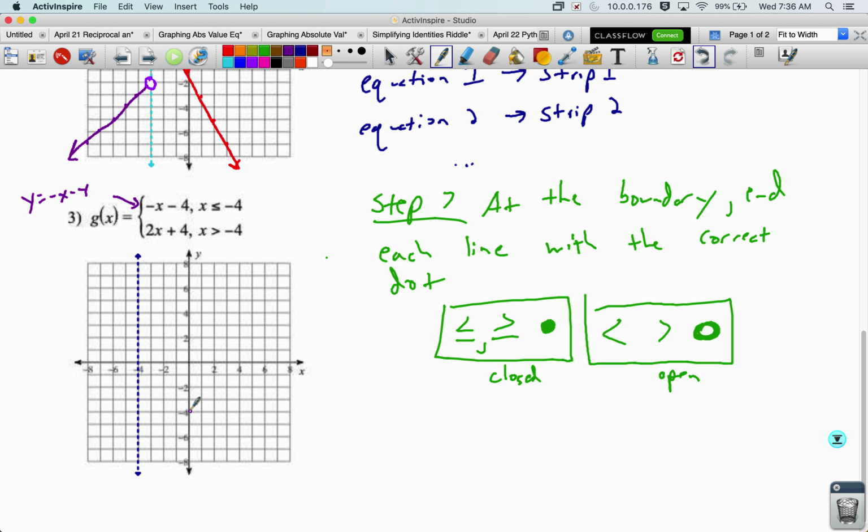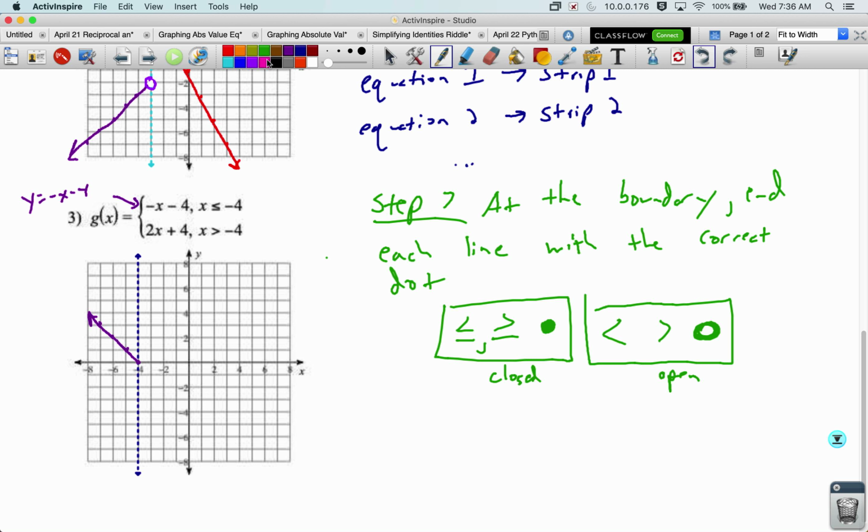Let's graph that. Point at -4, slope of -1. So I don't really need to keep going that way because I need to get to strip number 1. So dot my way over this way. And only keep this section on the left of that dotted line. Even erase these.